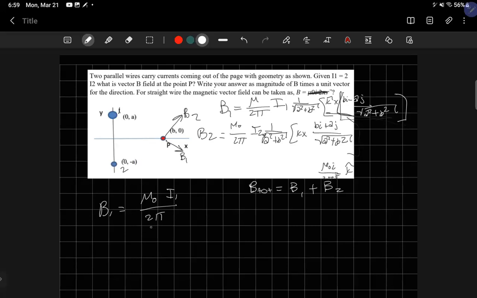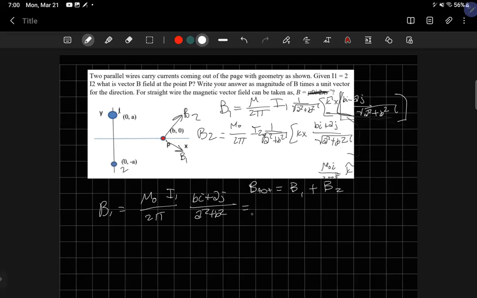By right hand rule, we're going to get mu B i plus A j over the 2 square roots on the bottom. We're going to multiply to get just regular A squared plus B squared. And then I guess from there I can substitute I1 equals 2I2.